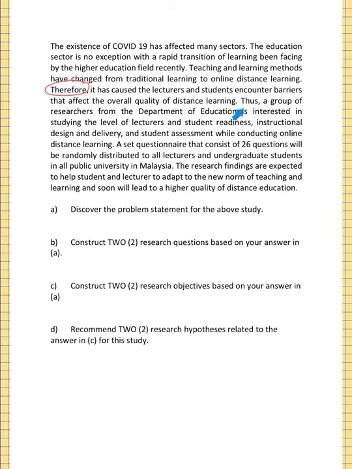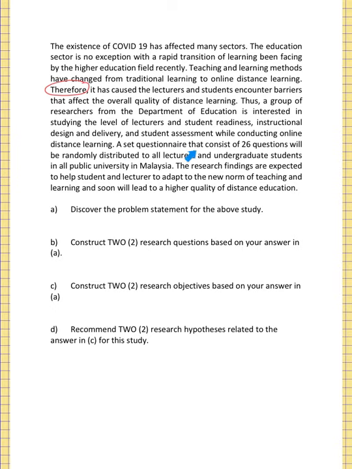Thus, a group of researchers from the Department of Education is interested in studying the level of lecturers and student readiness, instructional design and delivery, and student assessment while conducting online distant learning.